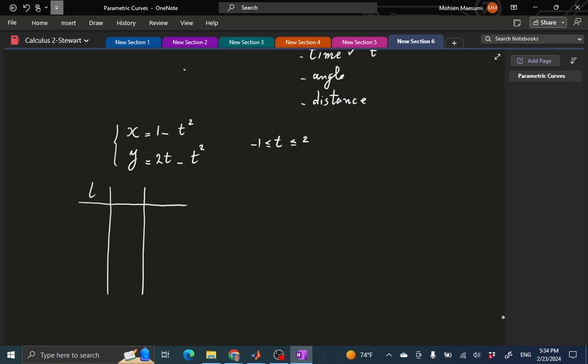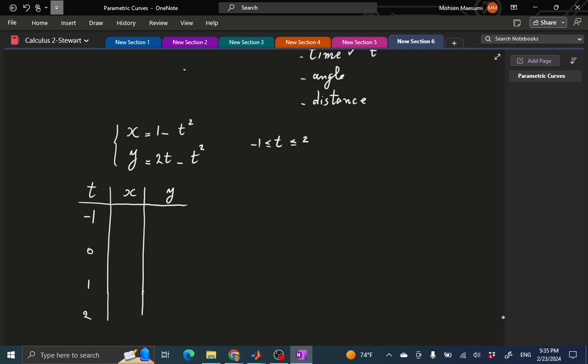So T is our basic column, and then we have the column for X, and then another column for Y. So T starts at -1, and we want to go as far as 2. So on the T column, I am going to go from -1 to 2. Well, obviously we are going to go across 0 and then 1 and then 2.